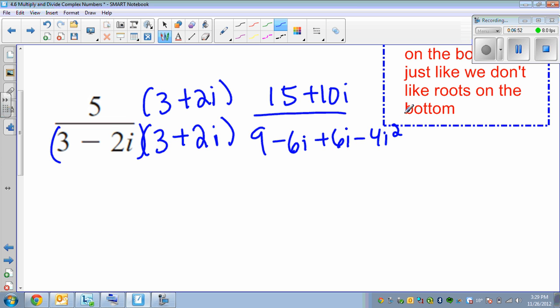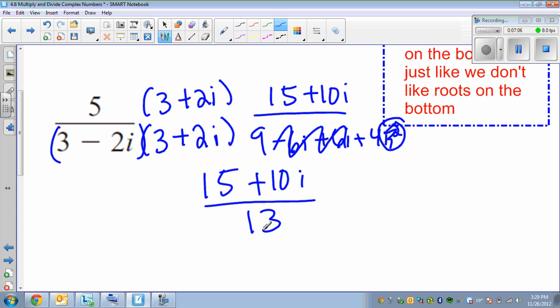And this is why the conjugate's so awesome, because this middle cancels out, and then the i squared turns into a negative 1, so really this is 9 plus 4. So our final answer will look like this. So that's cool. I mean, the whole bottom went away.